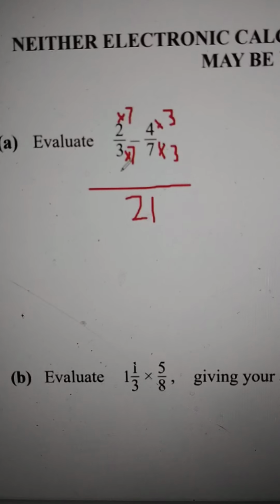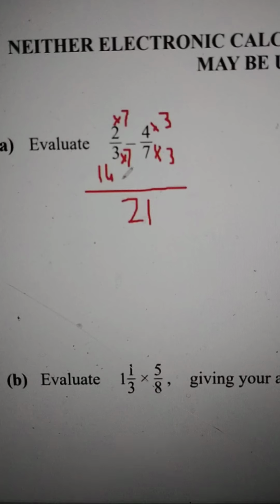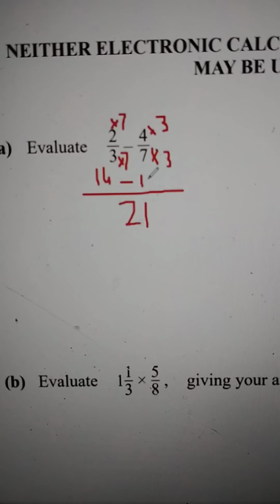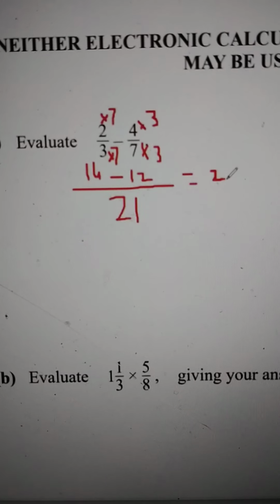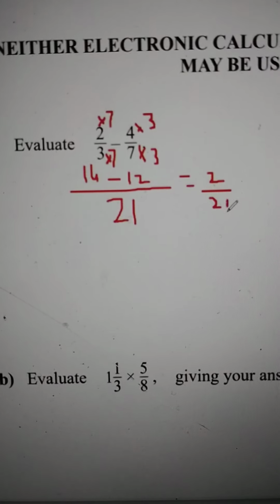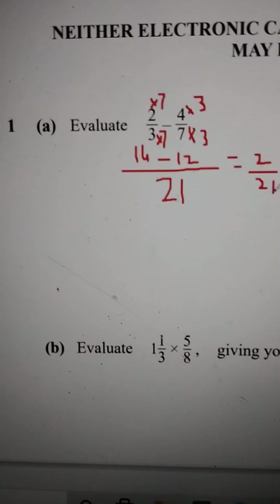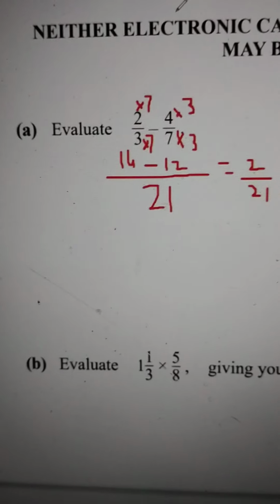So this is quite simple. 14 minus 12, so the answer is 2 upon 21, and we leave it as it is because we don't have to give the answer in decimals. It has to be in fractions, in improper fraction form.